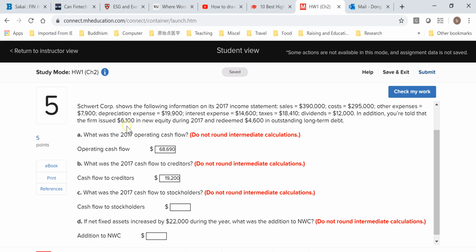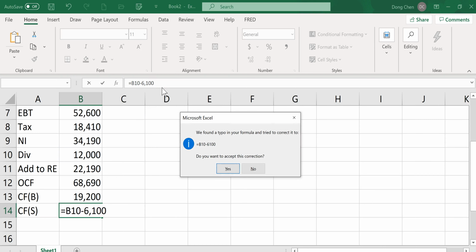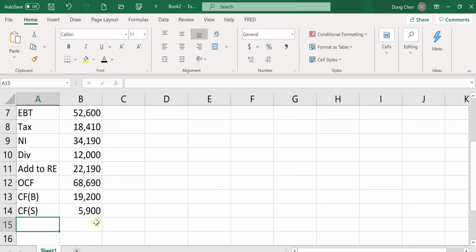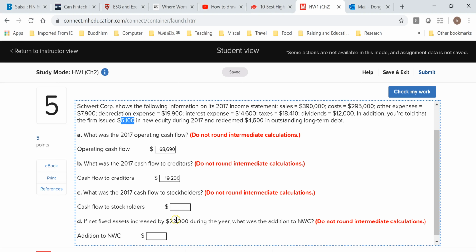Here we have to take a minus sign because the firm does issue new equity on net over that year. So the amount here is this $6,100. So it's automatically correct. So this will be my final answer for this part of the question.